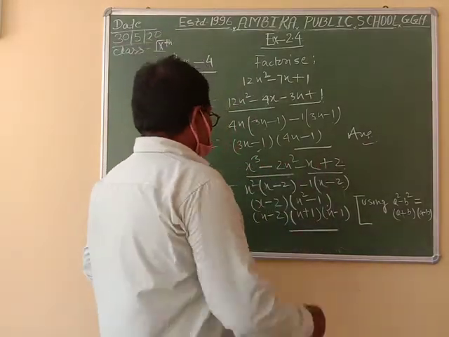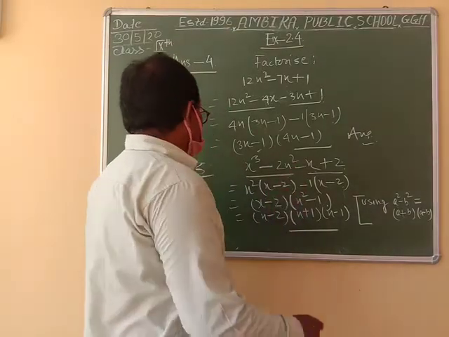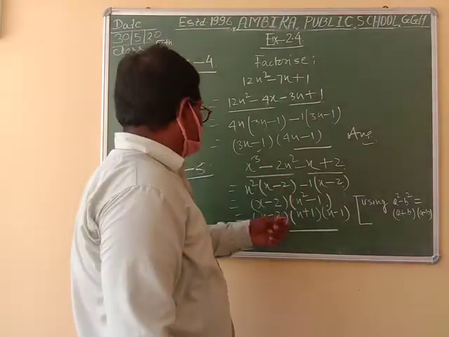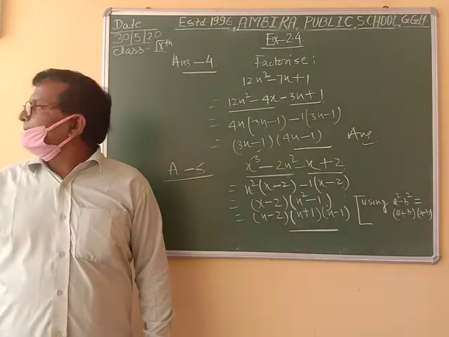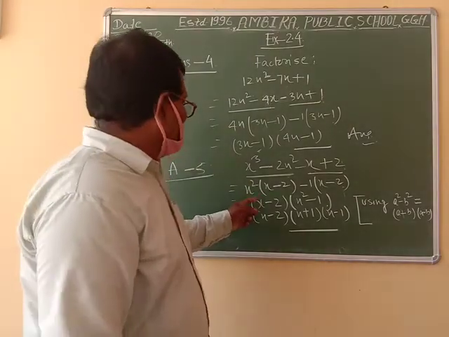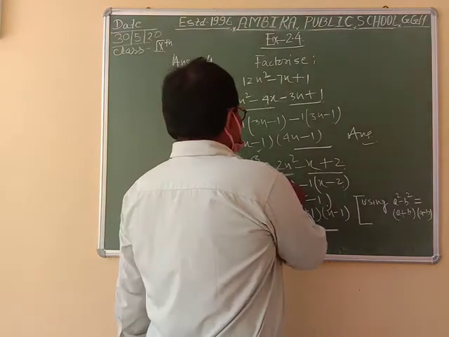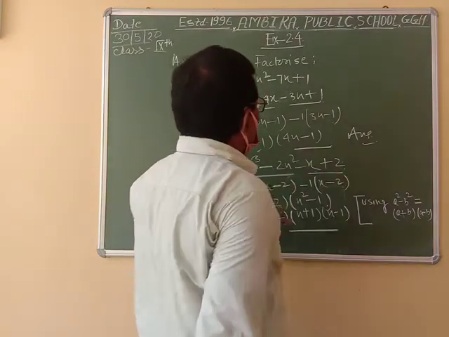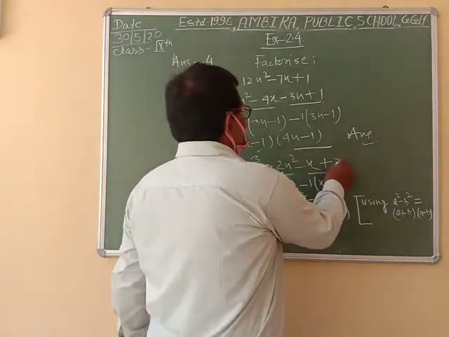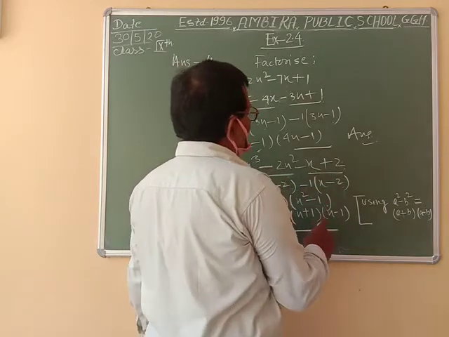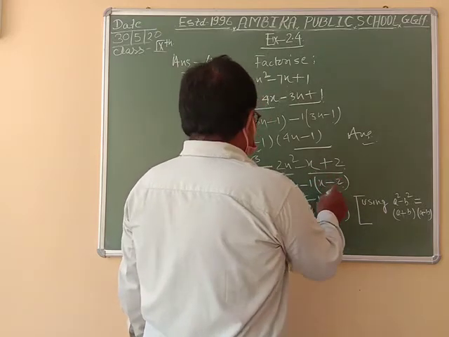Here we see that in the first two terms x square is common. Taking common x square, we write x minus 2, and from the last two terms we take minus 1 common. Rest is x minus 2.